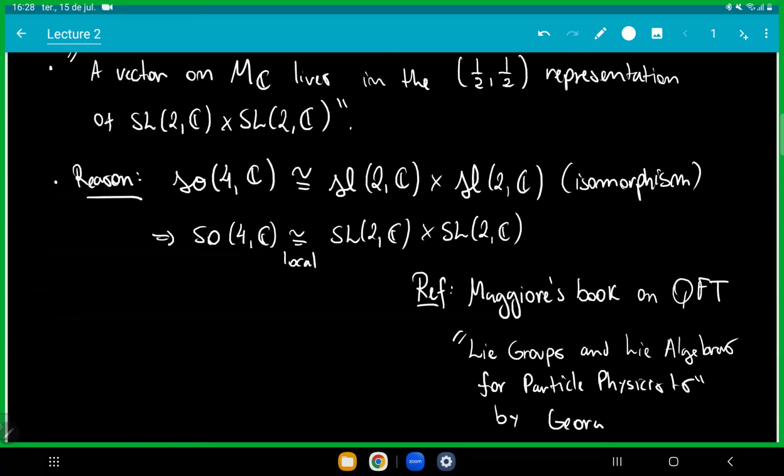This is a little bit more extensive, but it's also very good. Yeah, Raul just sent in the chat A Modern Introduction to Quantum Field Theory. That's a great book. That would be my choice. But some people prefer Georgi. I think Georgi is also a great book. It's more extensive.